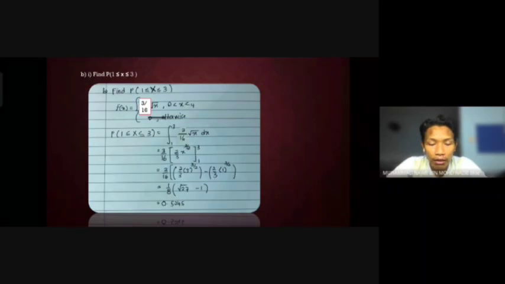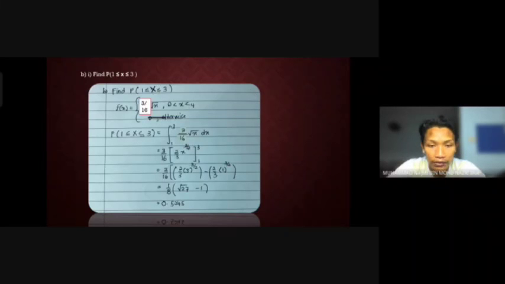We know our piecewise function, and we substitute our h value from just now, 3 over 16 x. Then how can we find the probability? Since the question needs us to find the probability from 1 to 3, we just integrate our function, 3 over 16 x dx, and then solve it by the same steps.